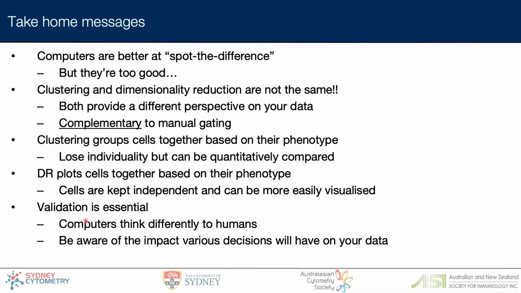But in all cases, validation is really essential here, and as we've been through, manual gating is still the gold standard. And again, computers do think differently to humans. And as I said, I don't think I really answered any of the questions I brought up. I think it's more important to just be aware that there isn't necessarily a bad choice, but be aware of the choices that you do make and how they will impact the output data.